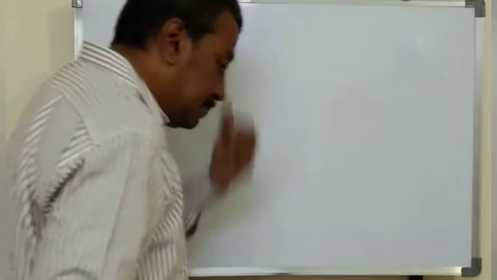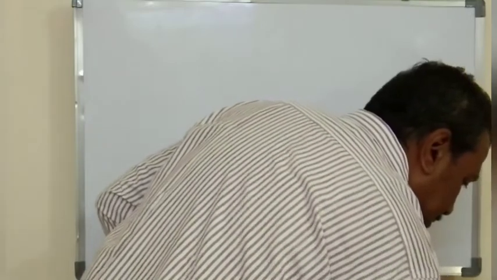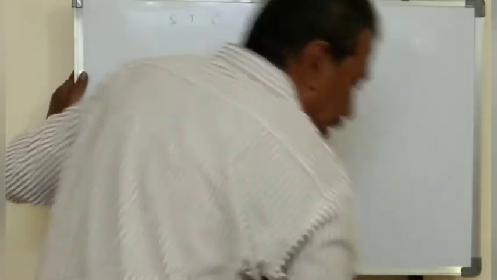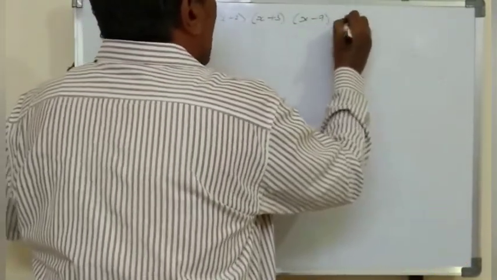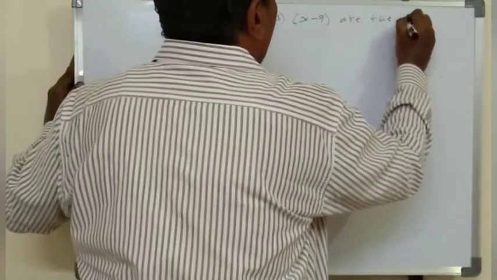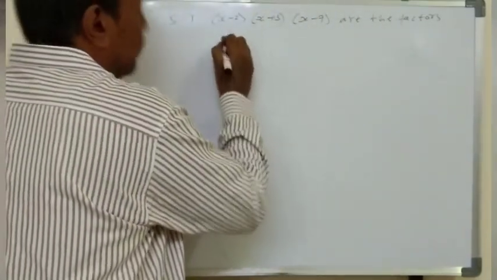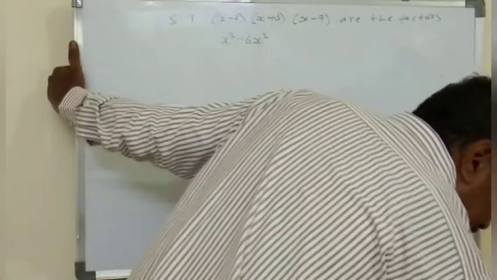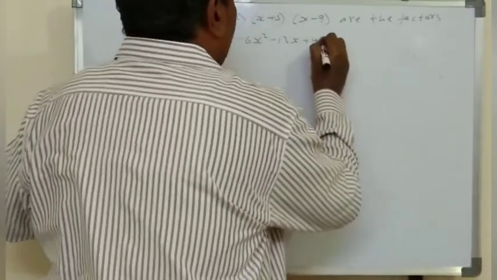One more important sum based on this factor theorem. Show that x minus 2, x plus 3 and x minus 7 are the factors of the given polynomial x cube minus 6x square minus 13x plus 42.